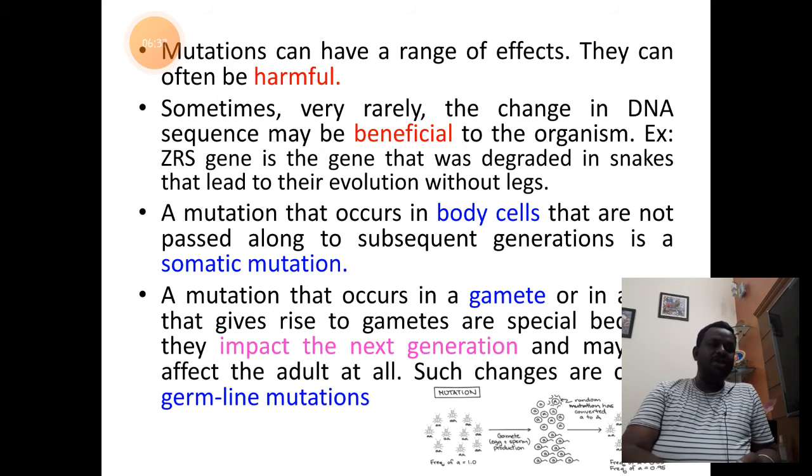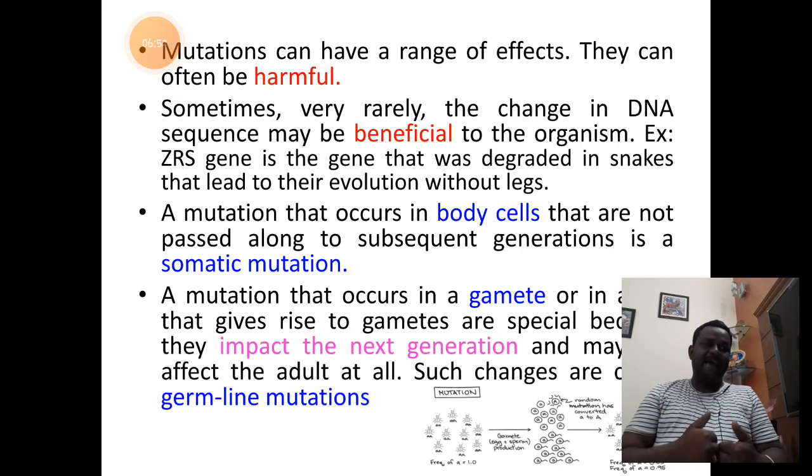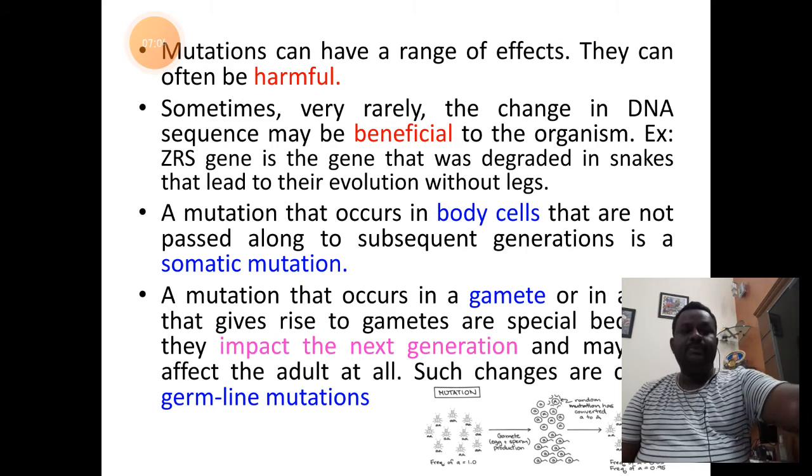The effect of mutations may be harmful or beneficial. If mutations occur in the body cells, they are restricted only to that mutant organism and cannot be inherited. Such mutations are called somatic mutations. So somatic mutations occur in body cells.